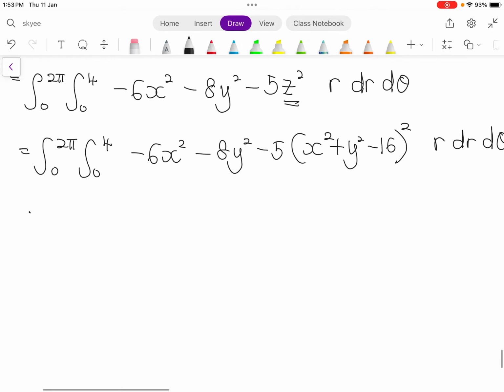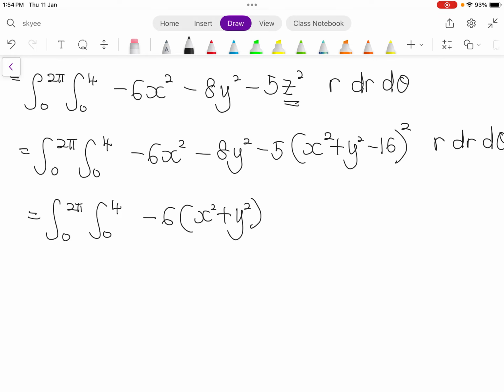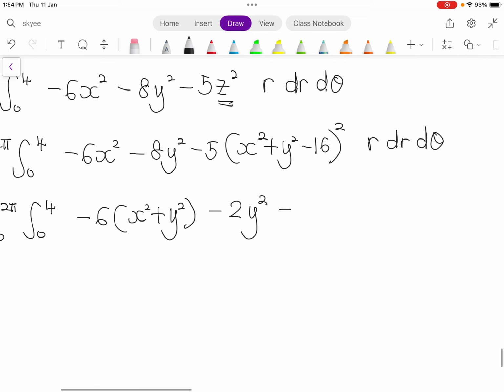Continue the transformation into r and theta. Here we still have negative 2y squared minus 5x squared.